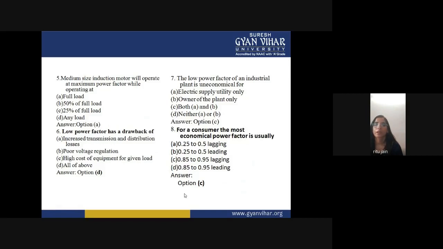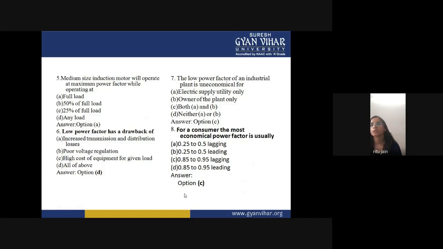D is the right answer. It increases transmission and distribution losses, it is responsible for poor voltage regulation, and it requires a high cost of equipment for a given load.